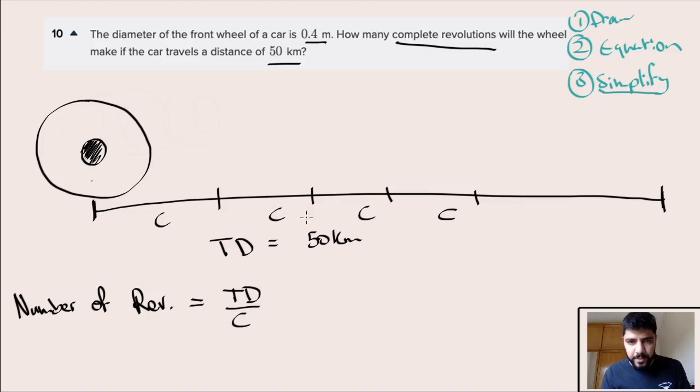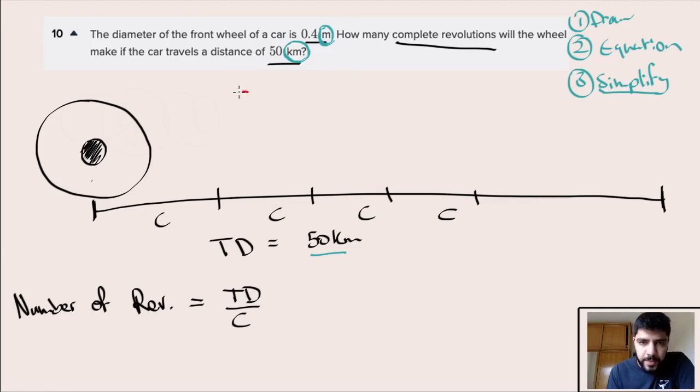Now let's go back to this problem. To get the number of revolutions, we have to divide the total distance by the circumference. We know the total distance already, but we do not know the circumference. And one more thing we have to notice here. The total distance is given in kilometers. The circumference is given in meters. So we have to make sure that we're using the same units before we divide. Okay? So let's first get the circumference.